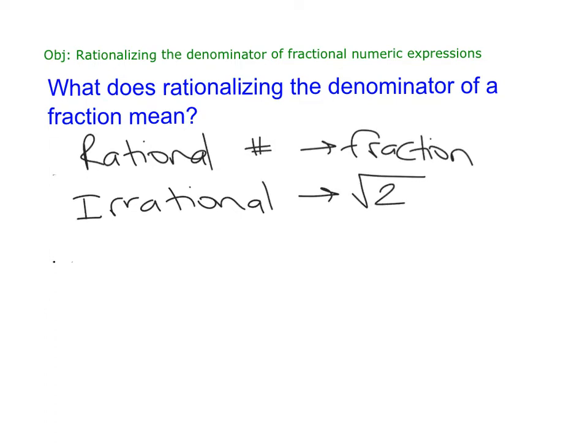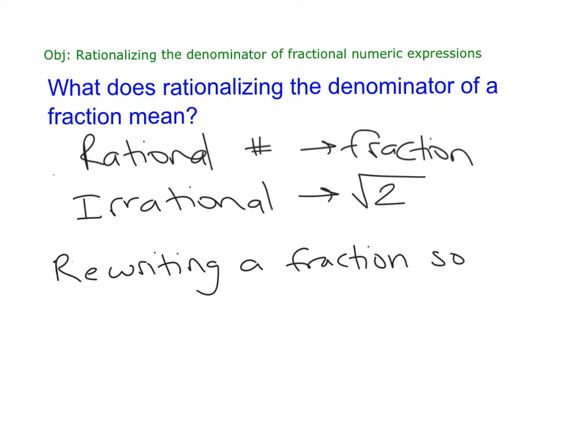So for example, square root of 2, square root of 7, anything like that. So rationalizing a denominator means rewriting the fraction so there is no square root in the denominator.